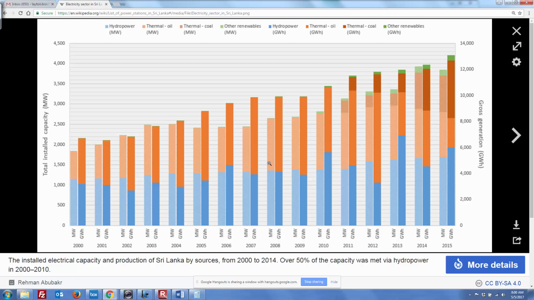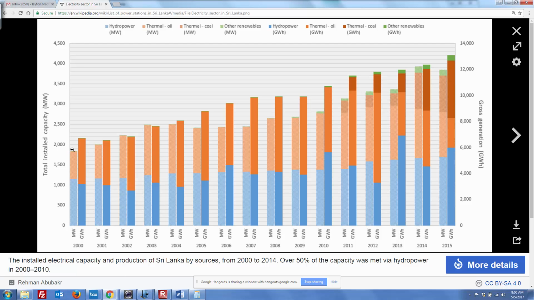Okay, so this is important for all of us to understand, because what we can see in 2000 there were 1,500, almost 2,000 megawatts.